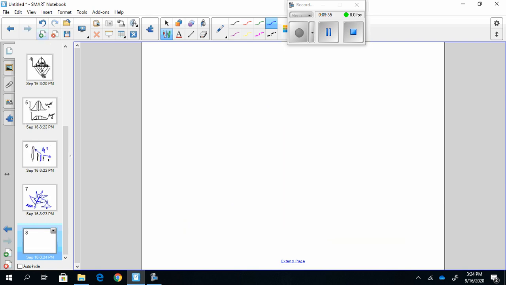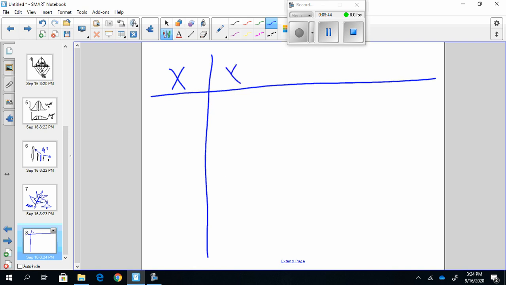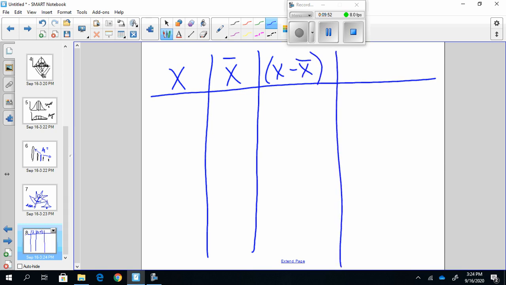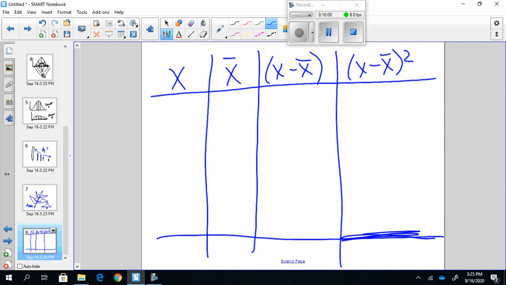So I'm going to give you some data. I am going to call my data X. I'm going to have to figure out X bar, the average. Then I'm going to do X minus X bar, and then I square it, because my goal is to be able to add up this column here.